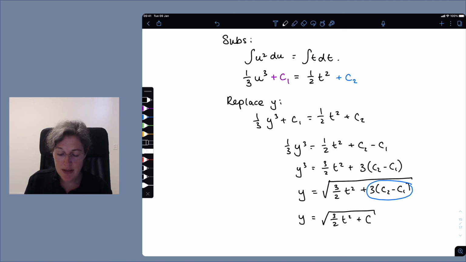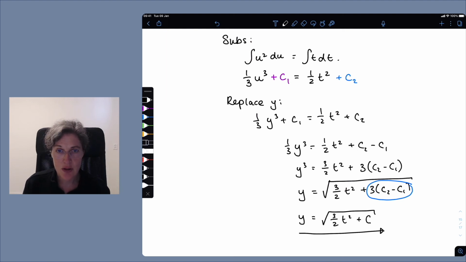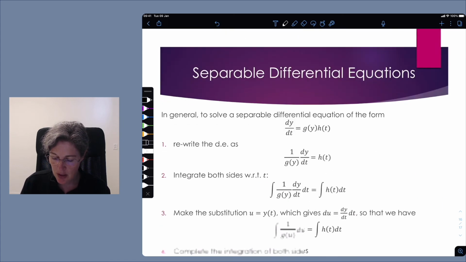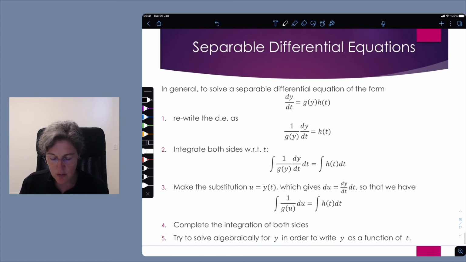And this is basically the technique that we're going to use for any separable differential equation. So long as you're able to do your basic integration, you should be able to integrate separable DEs. So let's just rehash in a general case what it is that we did. So the first thing we did was we checked that what we had was a differential equation that was separable.